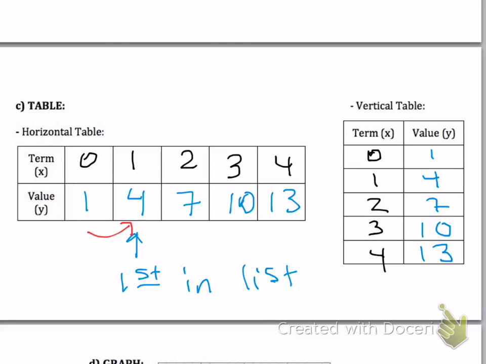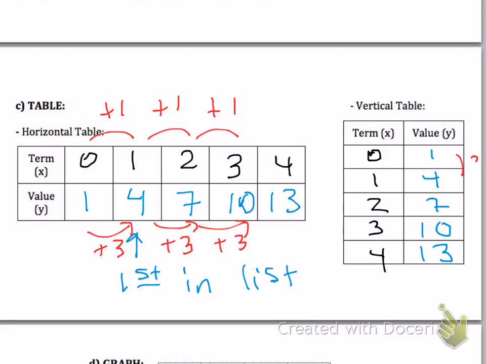So we want to say plus 3, plus 3, plus 3, and it's adding 3 over and over because here we have a plus 1, plus 1, plus 1, etc. So here's my 3, here's my 3, and my 3, and then my 1, and 1, etc.